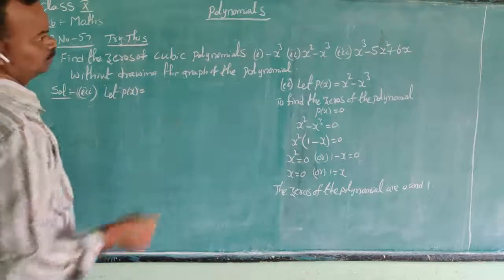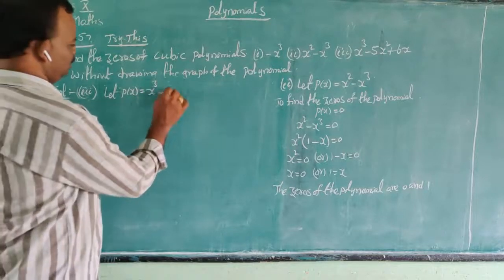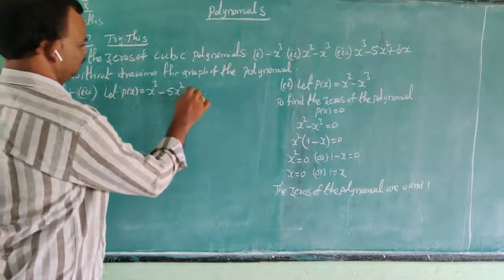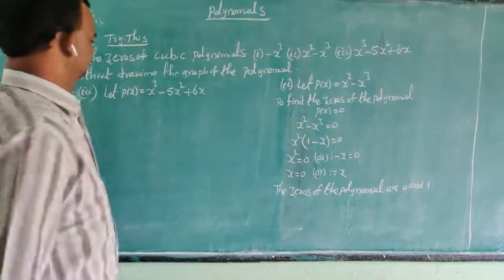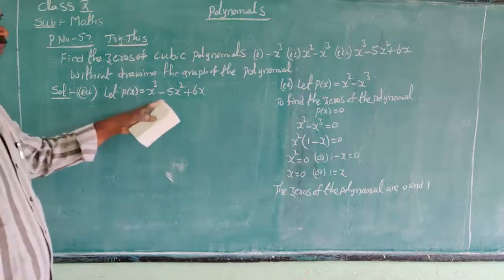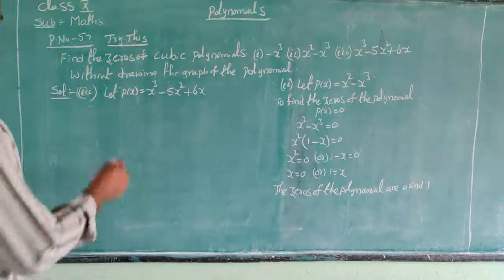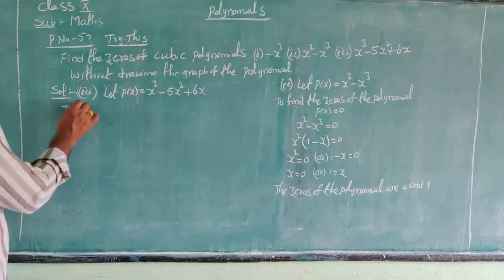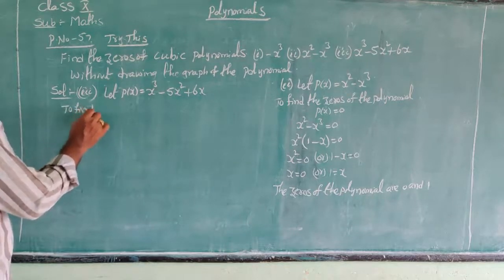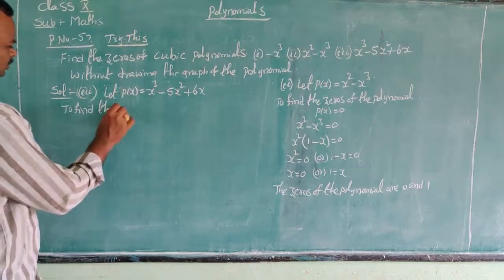p of x is equal to x cube minus 5x square plus 6x.